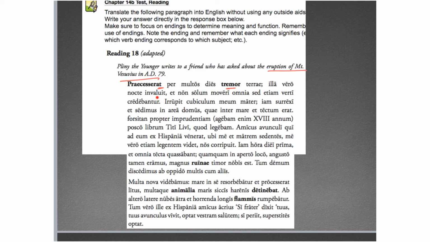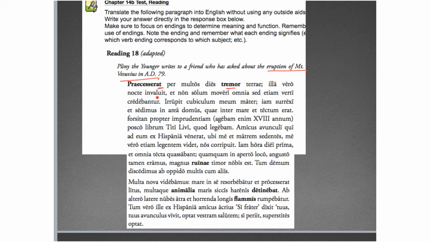The tremor invaluit, sort of was weaker. And not only, so credebantur, this verb here, is going to be in charge of that infinitive movere and that infinitive verti. All right, so, indeed that night, somebody was asleep.